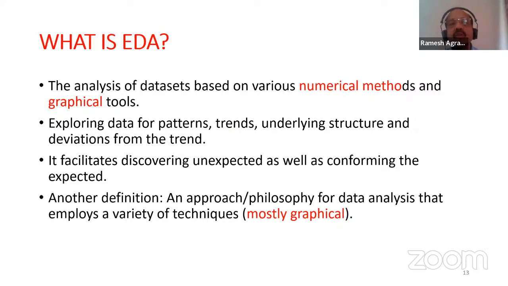And what do you do under this? You explore the data for finding meaningful patterns, interesting patterns, to find trends, to find underlying structure, or hidden structure, and deviation from the trend, or you can say anomaly.